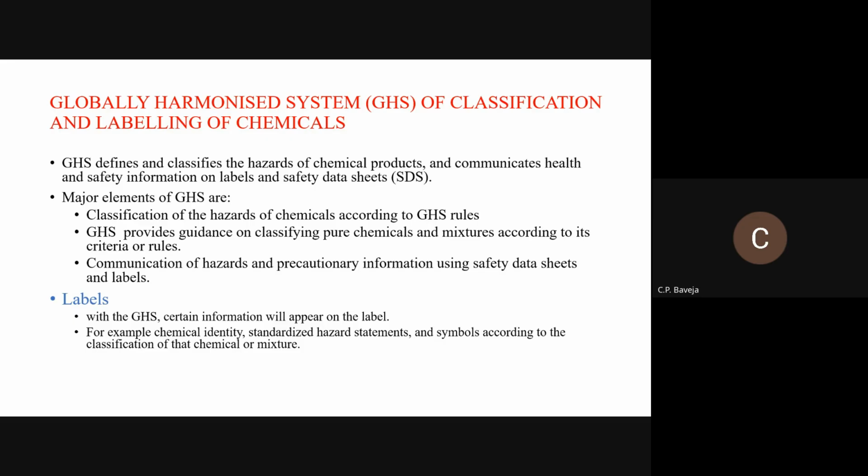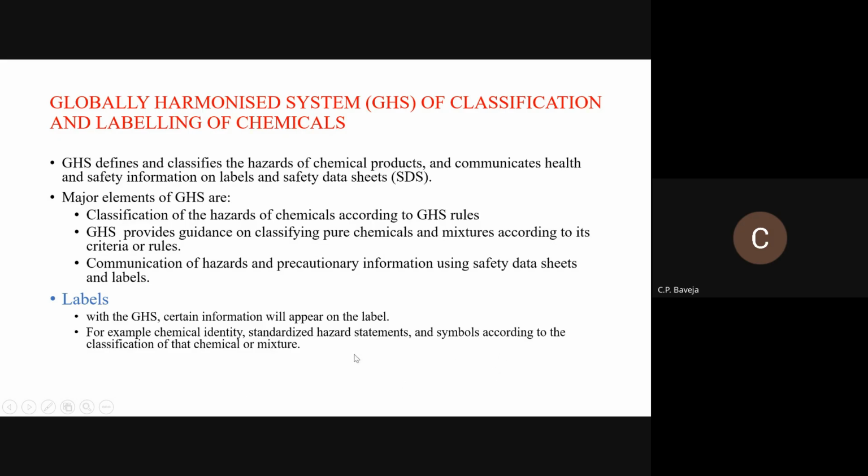On labels with the GHS, certain information will appear. For example, chemical identity: what is the name of the chemical? Standardized hazard statements: what hazards may occur with this chemical? And symbols according to the classification of that chemical or mixture. We will be talking about the symbols now.